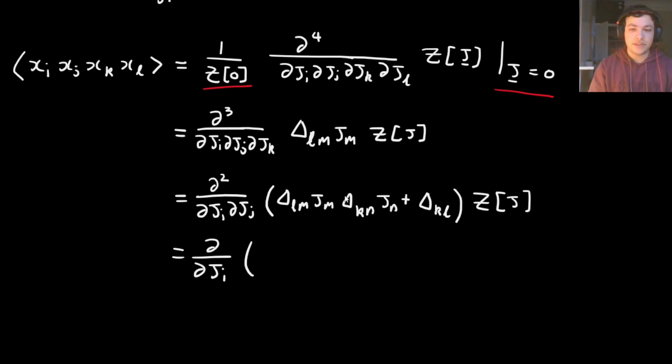If we leave this term in and multiply it, we're going to end up with a cubic in j. We can differentiate that once, that's going to go down to a quadratic. That's still going to vanish when we set j equals 0, so we're not going to bother writing it. So we get delta KL, delta Jp.